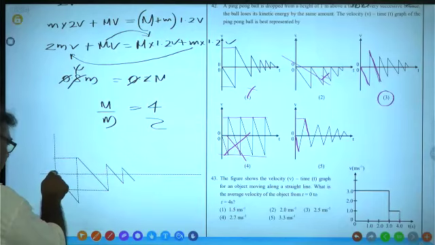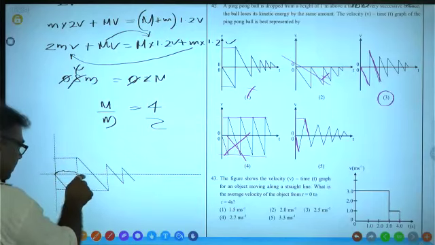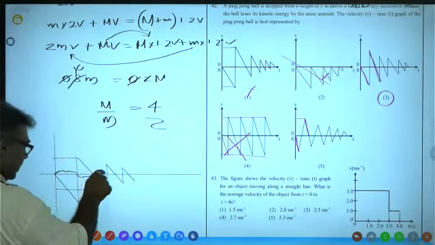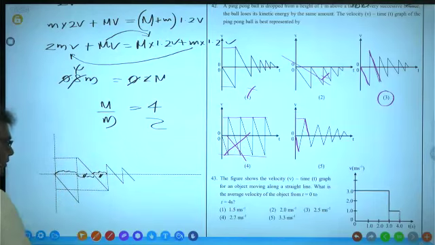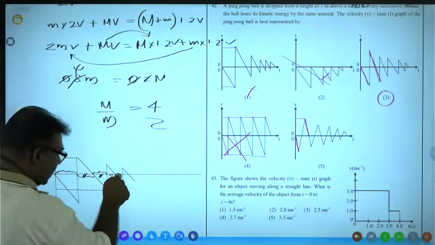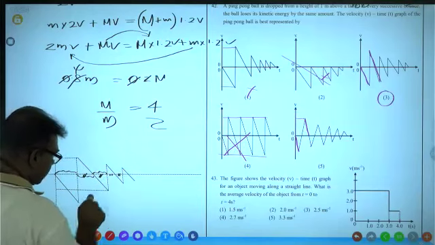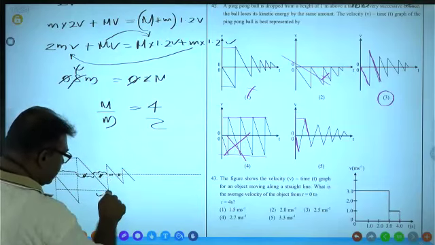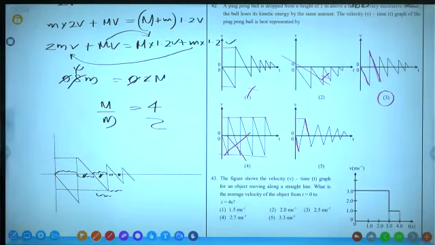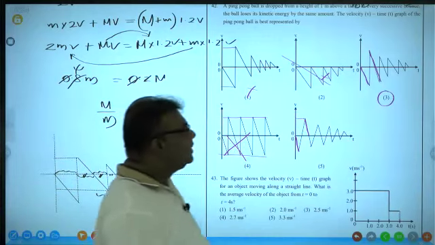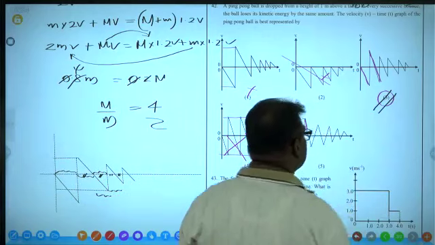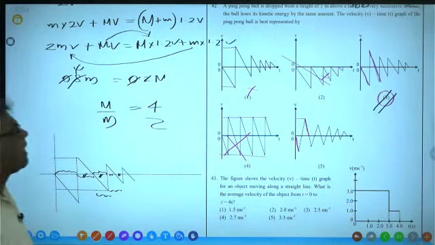That means this time should be less than this time. This time and this one should be equal. Then this one's time should be less than this. Representing that one is nearly the third answer. Then pick the third answer. Okay, number 42, the third answer is the correct one.